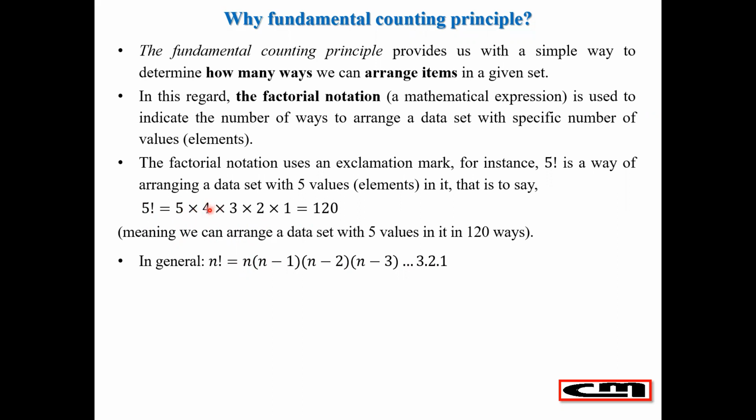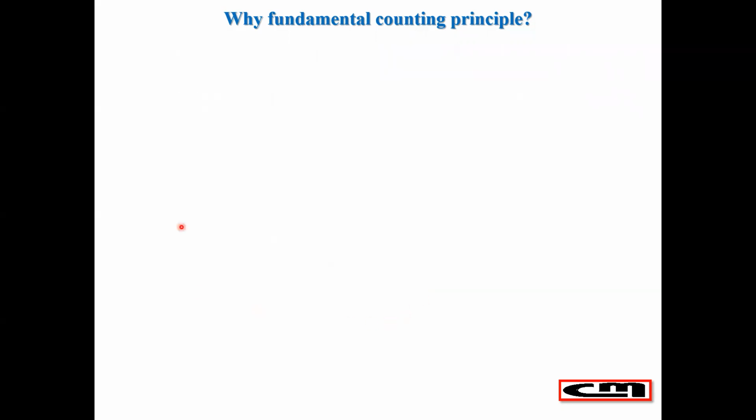From 4 we subtract 1, then we get 3, and so on until we get 1. So that is the same thing that is happening here. N times n minus 1. To n minus 1, we subtract 1, we get n minus 2. To n minus 2, we subtract 1, we get n minus 3, and so on until we reach 1.